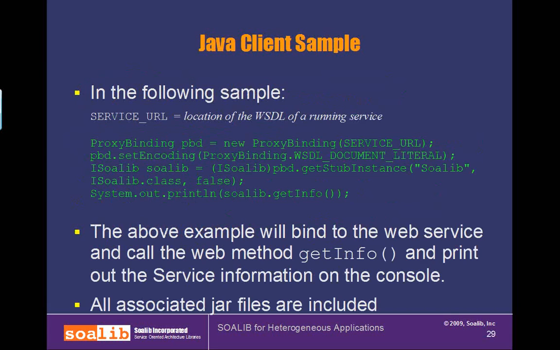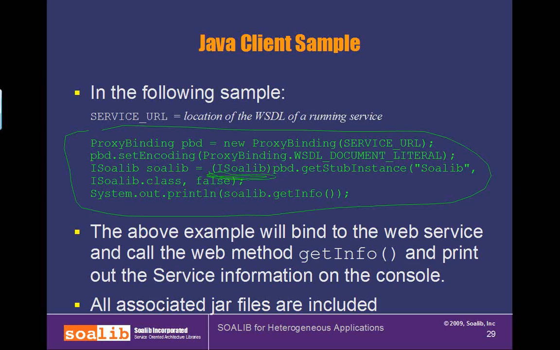Now here's an example of a Java client connecting to a web service. And you can see in just 4 lines, I'm connecting and consuming a service called iSOALIB. And I showed you that iSOALIB is one of the common services which we offer.